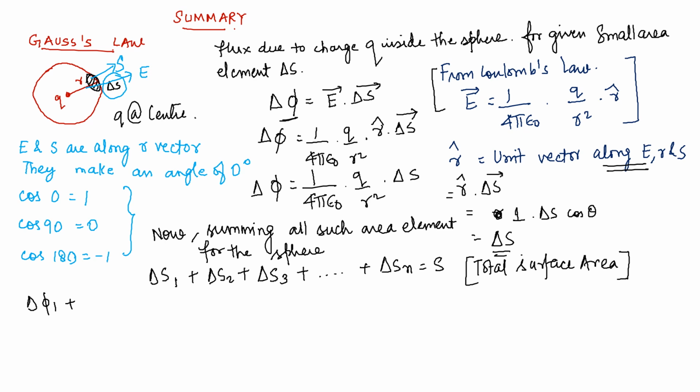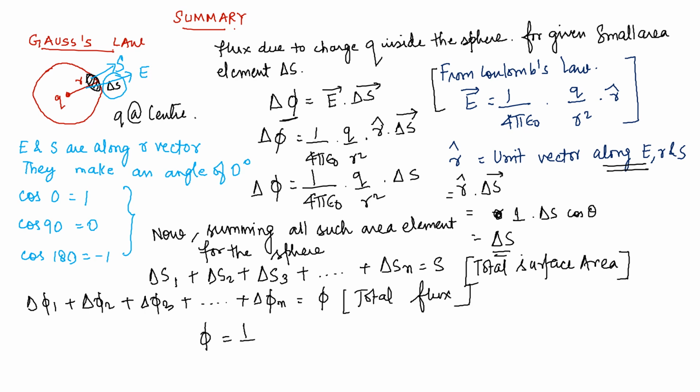will become del xi1 plus del xi2 plus del xi3 plus and so on till del xi n will give us xi, that is total flux. So it will be xi equals 1 by 4 pi epsilon naught into q by r square into S. Here S is the surface of this sphere which has value equal to 4 pi r square.